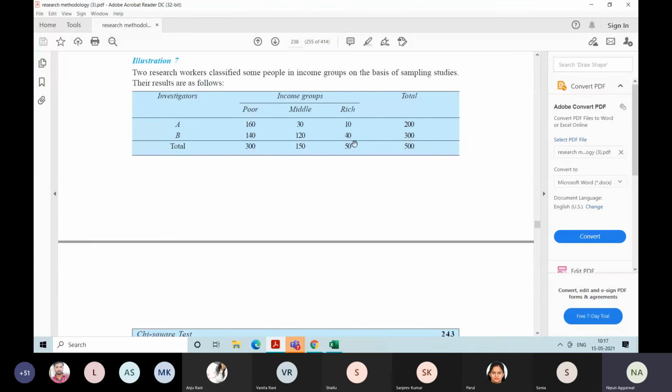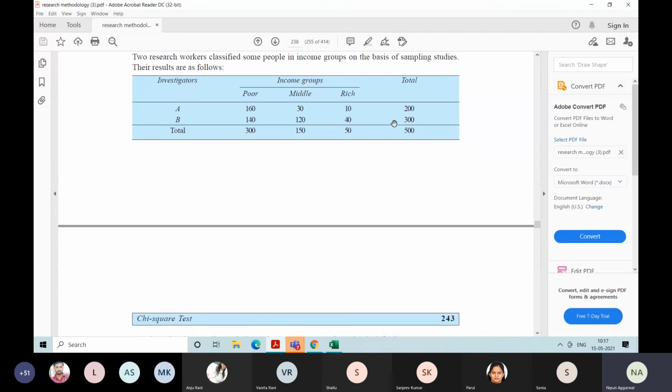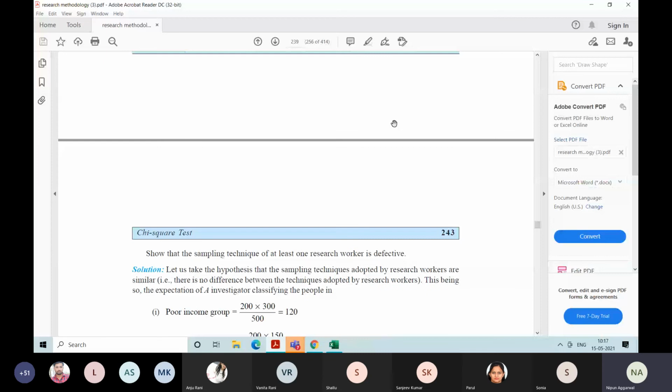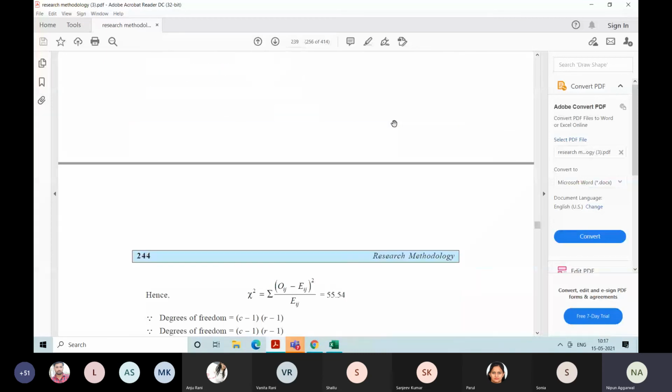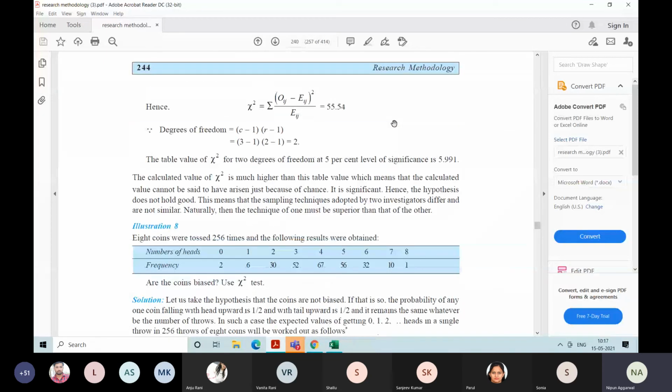How much is that, 1,000? No, 10,000. So in this way you can calculate. Whatever values come, those are the expected. Now you will check the observed minus expected, squared, and so on to calculate the value of your chi-square. Fine. In the same way you can calculate the rest.